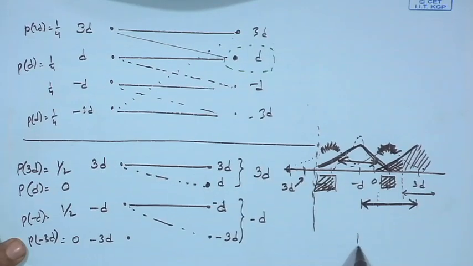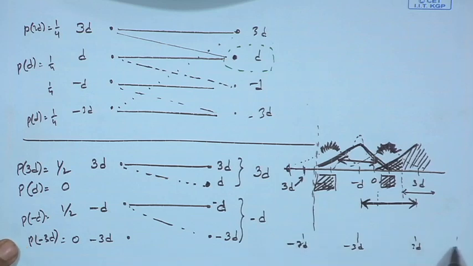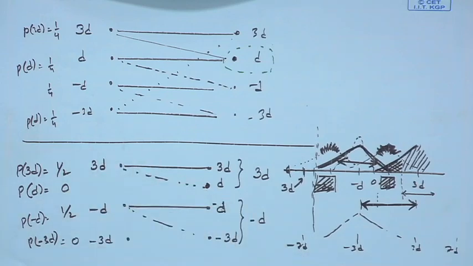On the other hand, if we would have selected the constellation as, let us say, minus 3D, 3D and maybe minus 7D and 7D somewhere there, then possibly we would have had a situation where the PDF dies out and we could have existed with all the 4 constellation points. So, in other words, it is determined by the transition probability.